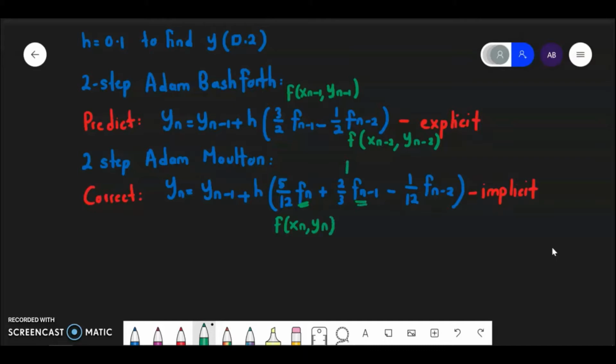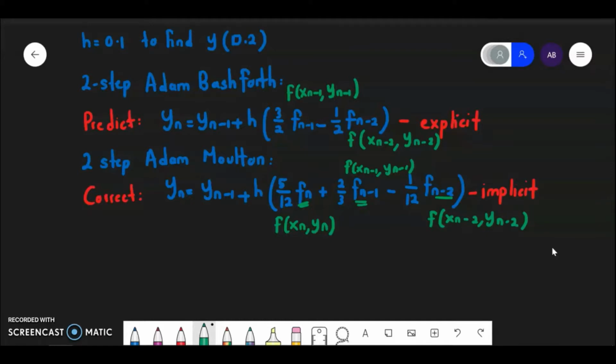I hope the terms are now clear, and you don't have any question regarding the function terms that I'm using here.